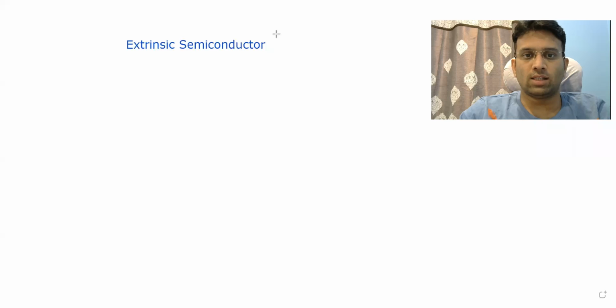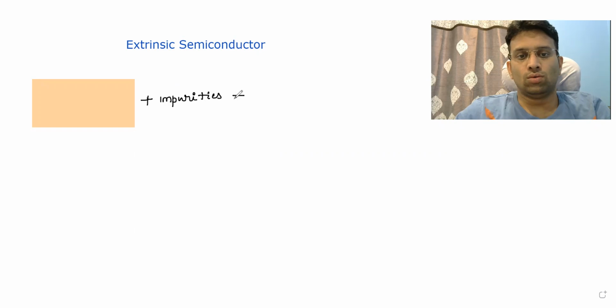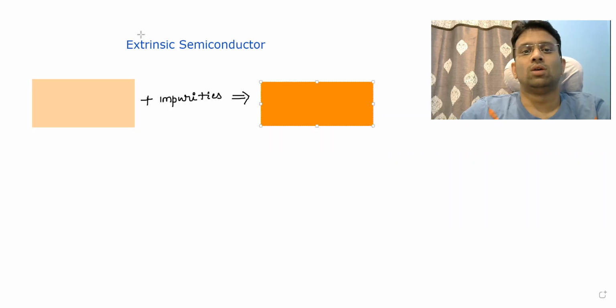So let us consider that we have a silicon block and we added impurities to it to make it an extrinsic semiconductor block.